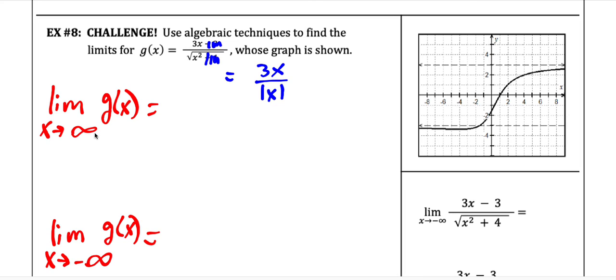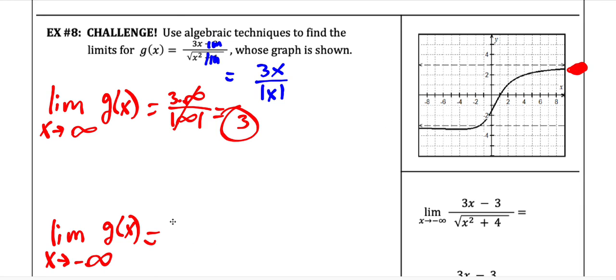It's not going to matter for infinity, because when you plug in infinity, you'd have 3 times infinity on the top, absolute value of infinity on the bottom, which is infinity. And so these cancel out and you're left with 3. And that's what you can kind of see on the picture. The limit as x goes to positive infinity, which means the right-hand side, it's up at 3.